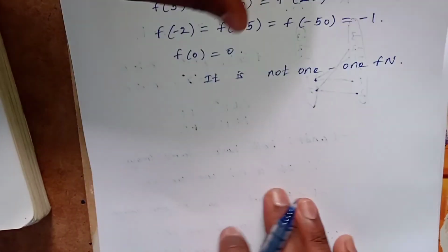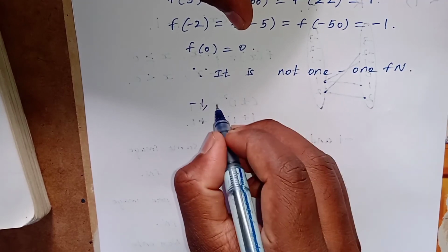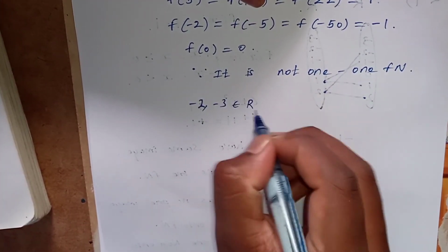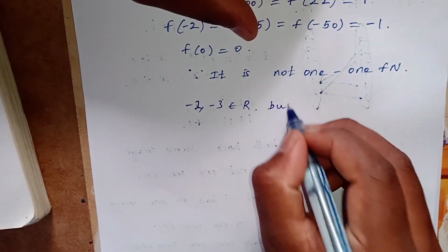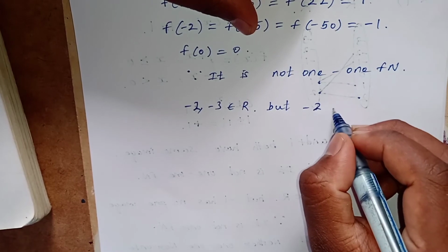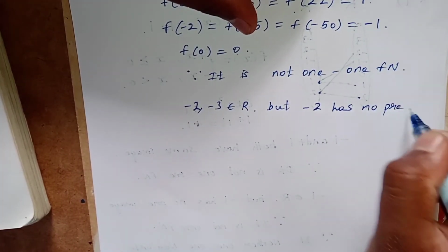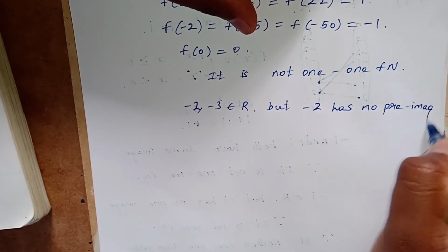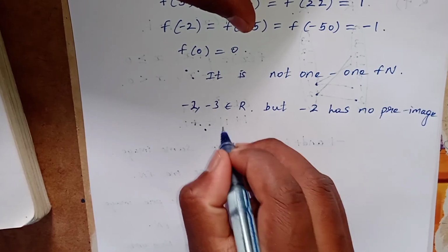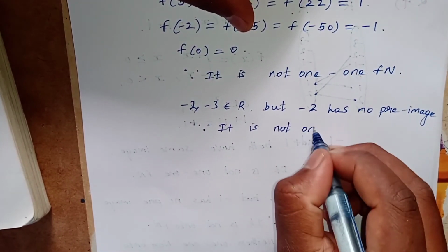Therefore, I am taking a few examples: -2, -3 belong to real number, but -2 has no pre-image. Okay, therefore here it is not onto function.